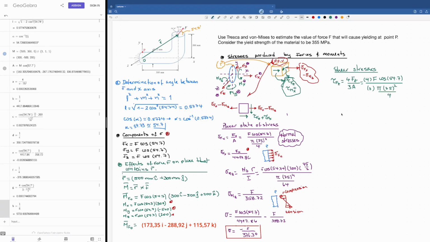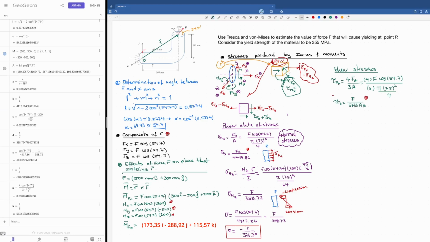Perfect, so it's going to give me that this shear stress, Fz, is going to be the force divided by this number given here, 5733.93. And we got this one here. You mark it like this.